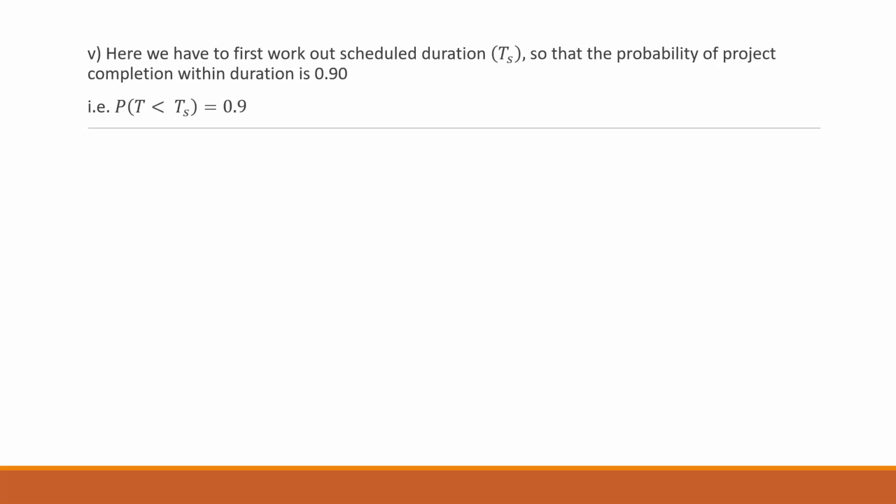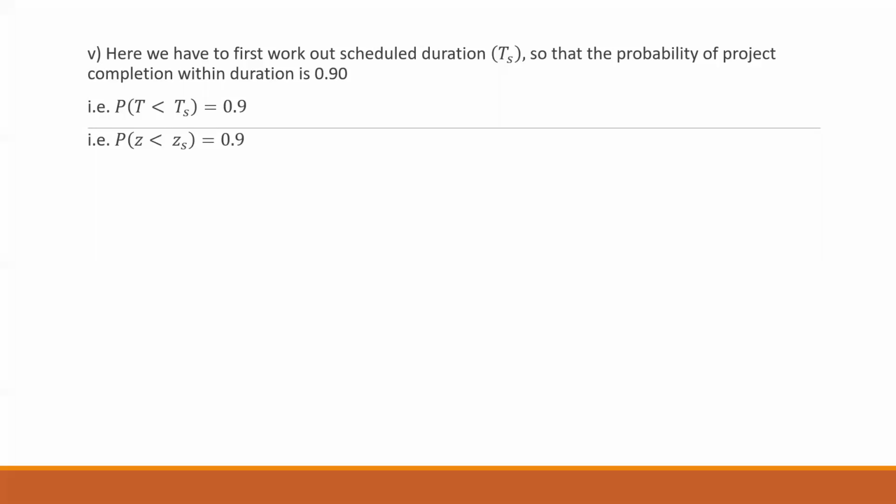Now, if I write this equal to 0.9, and then represent this in terms of the standard normal variate, it will be written as P into bracket Z less than ZS equal to 0.9. Now, in this case, we have to refer to the table again, but in the reverse order. That means we are supposed to check the value in the table and then refer to the value of ZS.